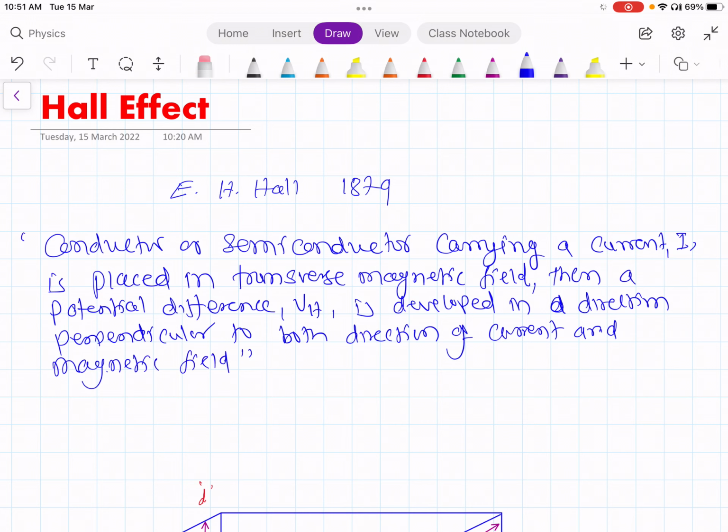It means that the electric field is developed in a direction perpendicular to both the direction of current and direction of magnetic field.